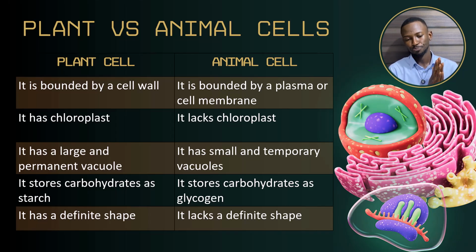So here are some clear-cut differences between plant cell and animal cell. For the similarities, I leave that to you. If you know some similarities, you can leave them in the comment section. What are some similarities? I mean, organelles that are common to both plant and animal cell. You can talk about vacuole and mitochondria.